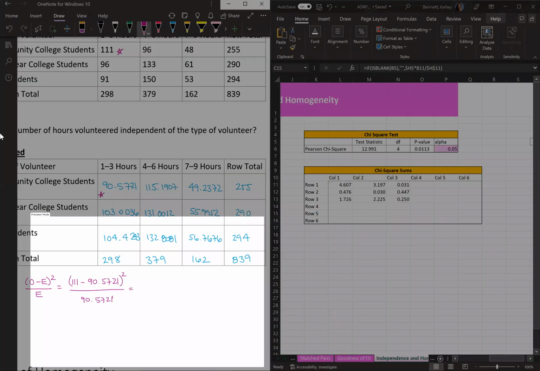So just to do one by hand to show, I get 20.4279. That's how far off they were absolutely. I still need to square that and divide it by 90.5721, giving me 417.2991.